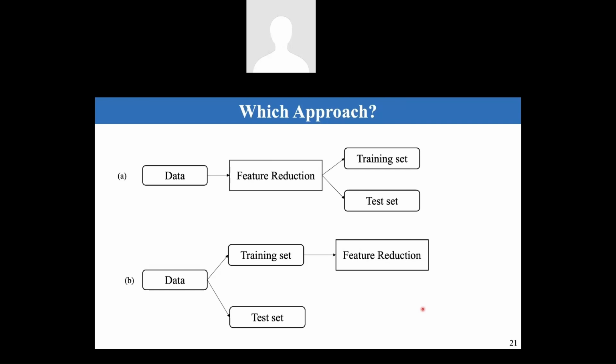If we do it as the first one here, normally we achieve very good performance because we perform feature selection on the whole data. That sometimes gives you 90%, even 100% performance on the test set. However, the issue here is that we are doing feature selection on the whole data set, and that is sometimes called feature selection bias.